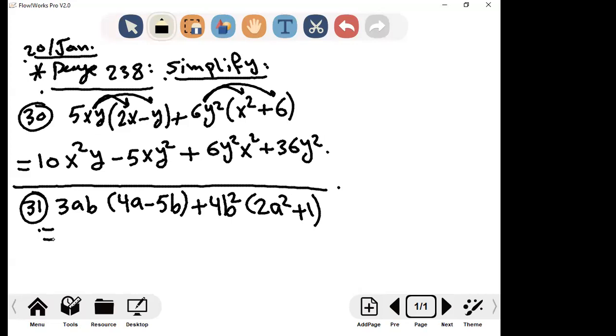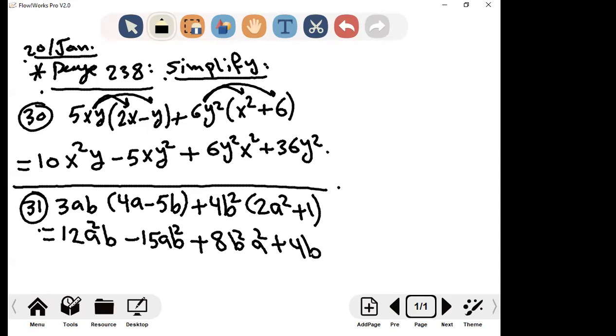This is equal 3ab multiply 4a, 12a power 2b, right? 3ab multiply minus 5b, minus 15a b power 2, right? Plus 4b power 2 multiply 2a power 2, 8 b power 2 a power 2. 4b power 2 multiply 1, same, 4b power 2.